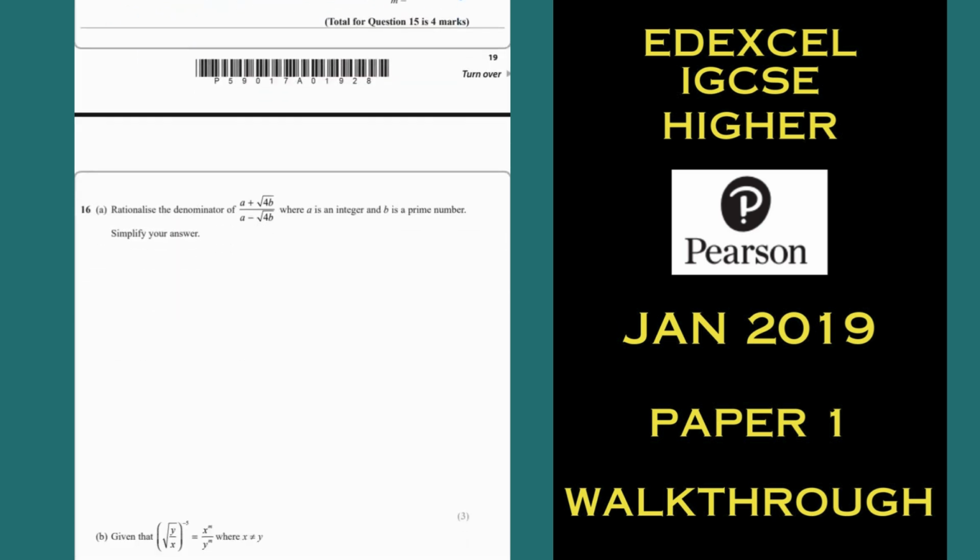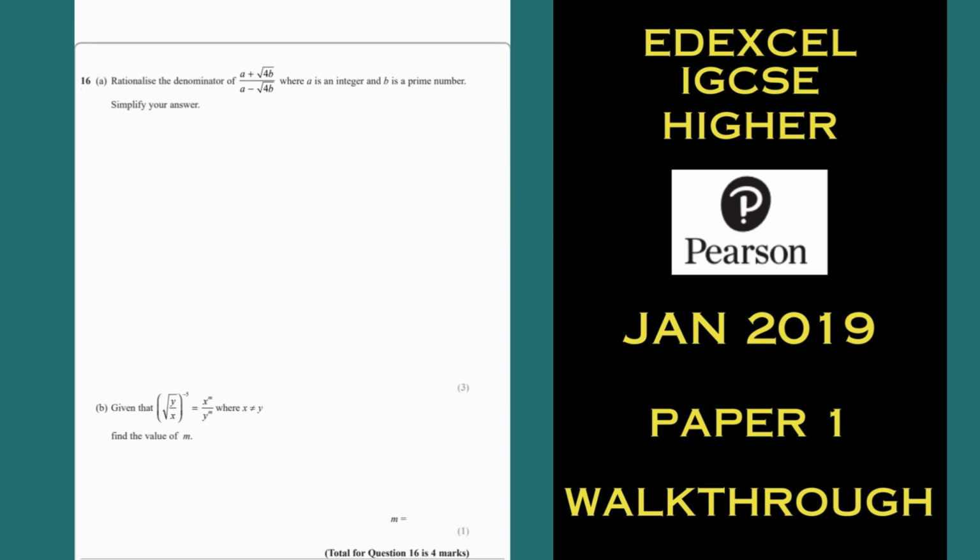Number 16, rationalising a weird surd, but it is what it is. So we are going to multiply by a plus root 4b all over a plus root 4b. So top times top means I get a squared.